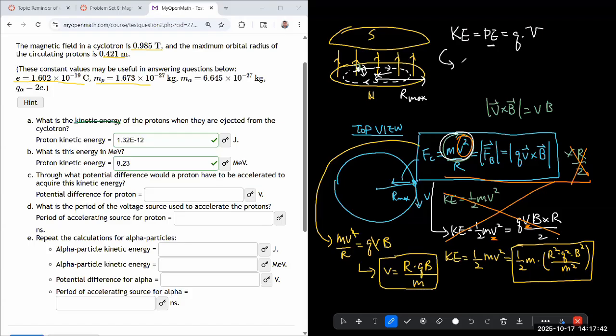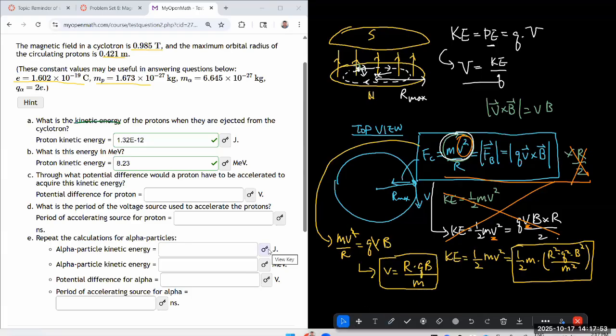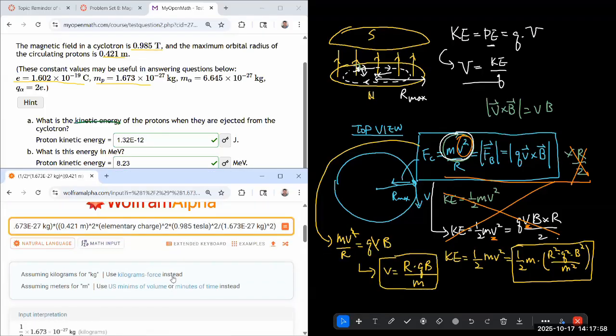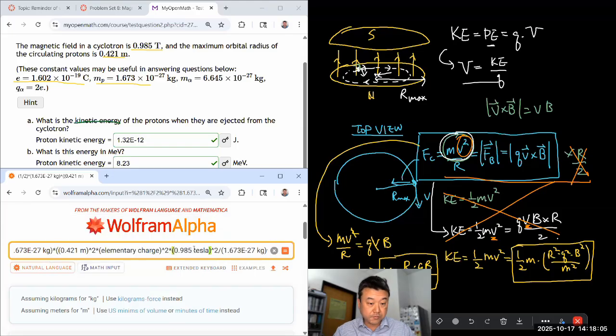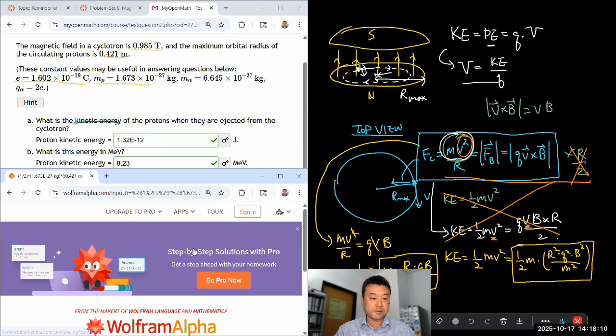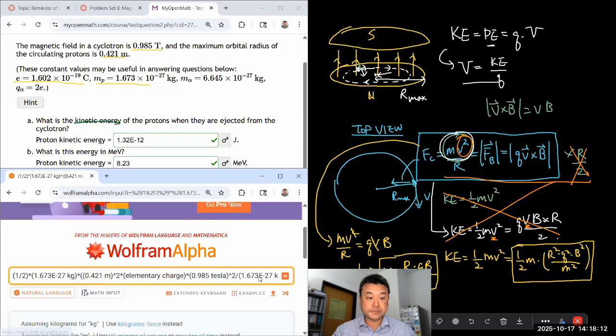Solving this for voltage, that should be the amount of energy you have divided by the amount of charge. So all I have to do is take the expression here and divide by one factor of elementary charge, the charge of the proton, which I can do by just getting rid of this square. I think that accomplishes what I'm looking for. So let's do that and see if that's right.